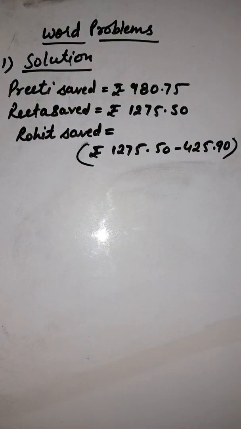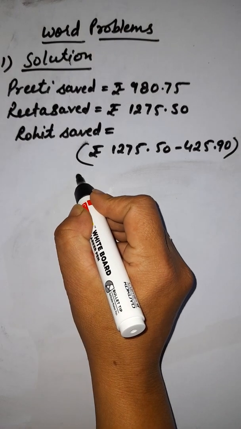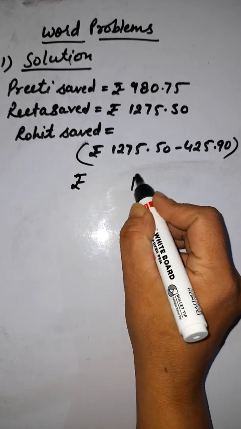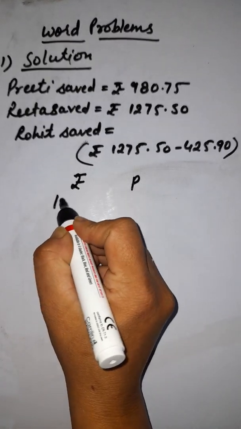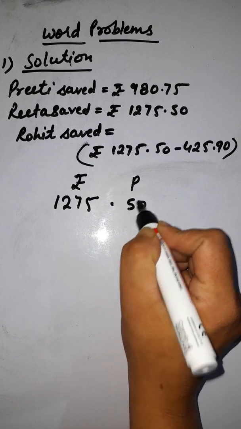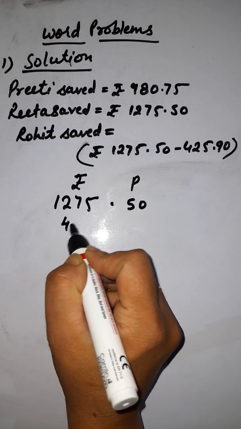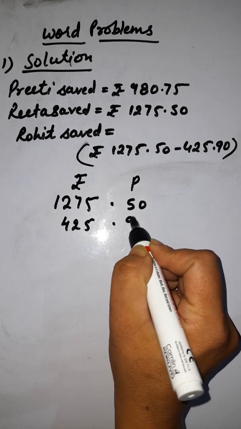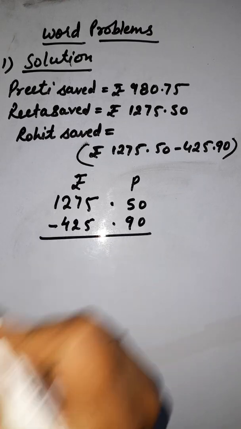Now we have to find out first Rohit's saving. So we'll separate the rupees and paise columns. Now we'll subtract 1275.50 and 425.90.